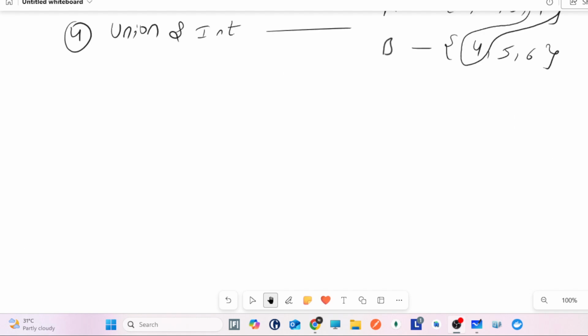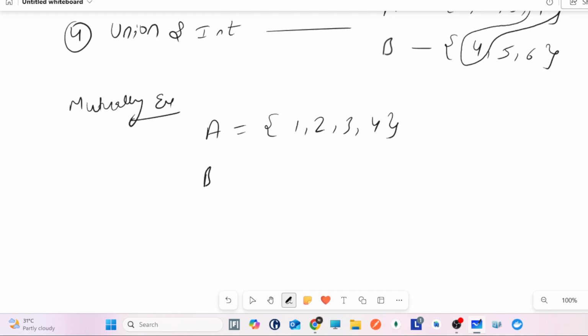So let's see mutually exclusive events. Mutually exclusive events are those events that are disjoint, right? If I take a sample space A, say 1, 2, 3, 4, and a sample space B that is 5, 6, 7, what is the value of A intersection B here? That is empty, right?